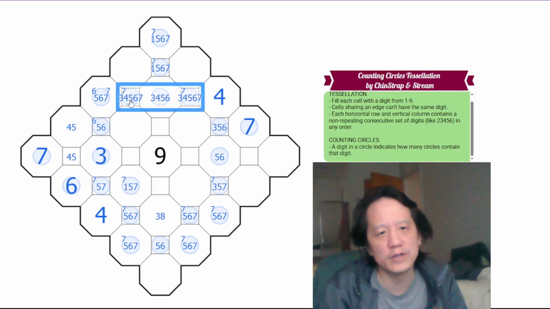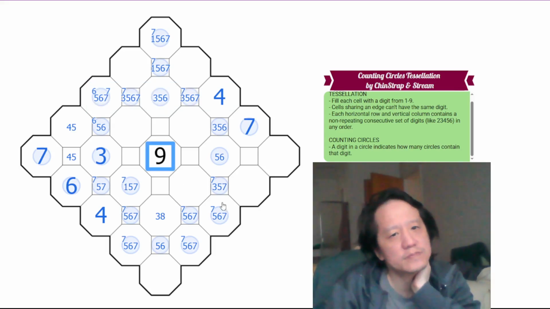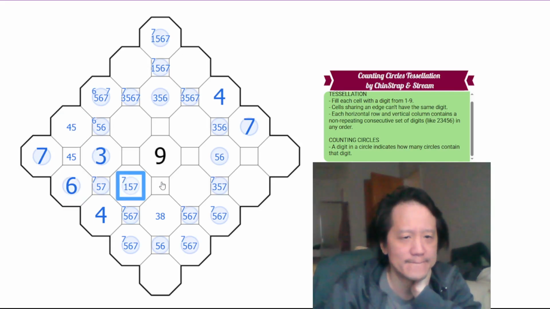Okay, 4 eliminates 4. Yeah, 4 can't be in any of the cells. So this is 4, 5, 6. So we're guaranteed 6 is one of those two, so this cannot be 6.